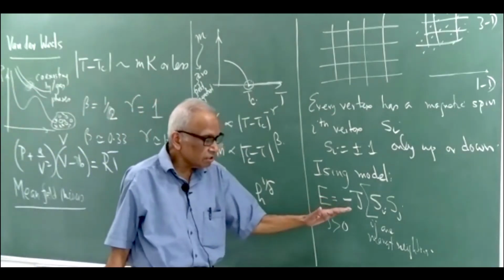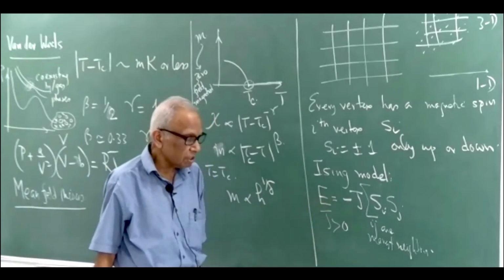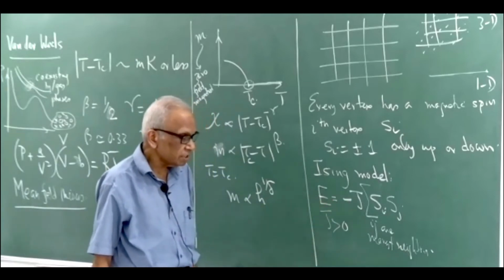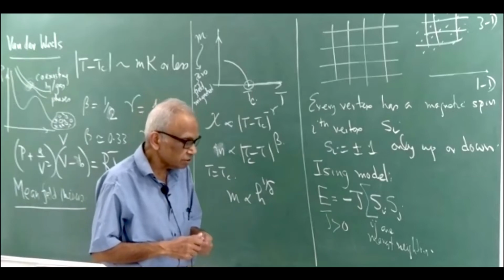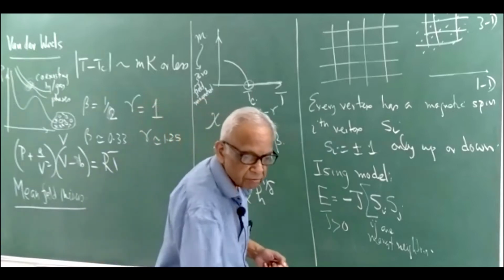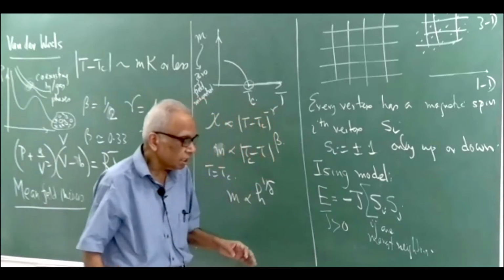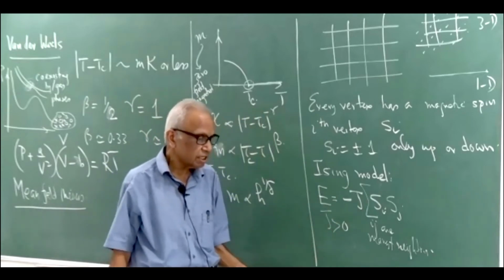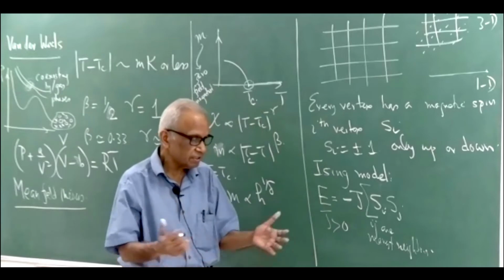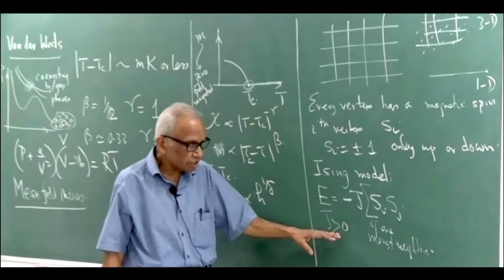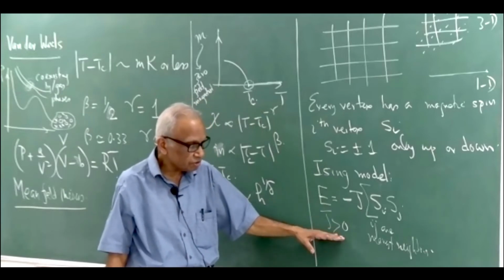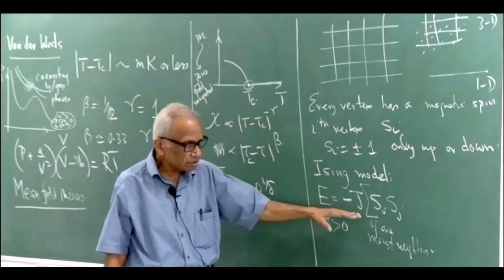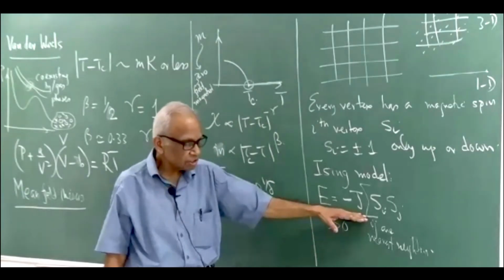So we'll stick to the ferromagnetic interactions, at least for most of the time. It's a ferromagnetic Ising chain or Ising lattice, and for that, J is greater than 0, and the energy expression is given by this.